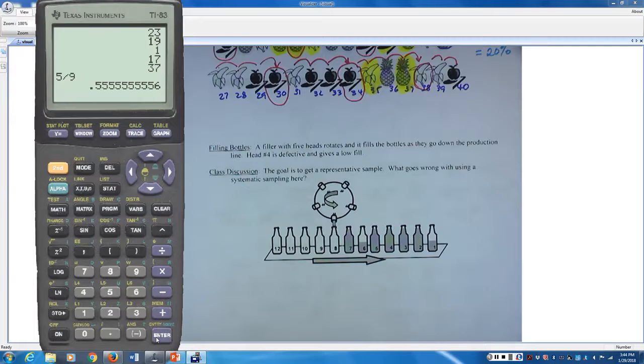What if my first bottle chosen was this one? And I go 1, 2, 3, 4, 5, and then what's going to happen next is full, full, full, full, half empty. And every bottle in my sample is going to be half empty. What do I think's wrong if that's what I get?